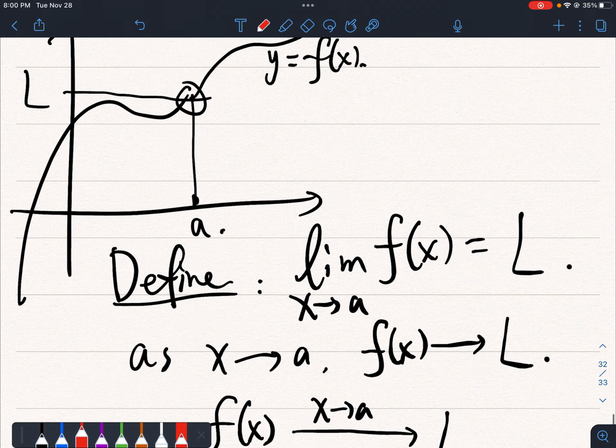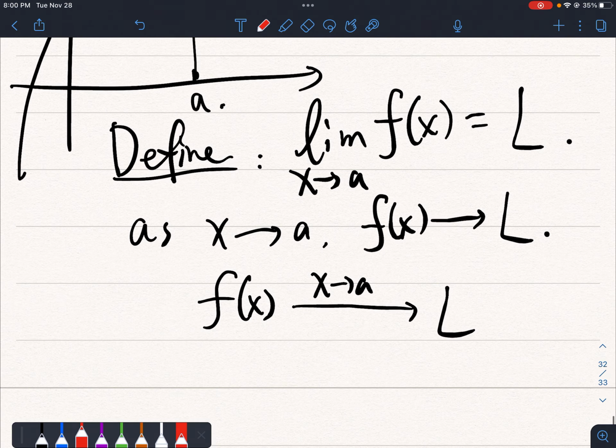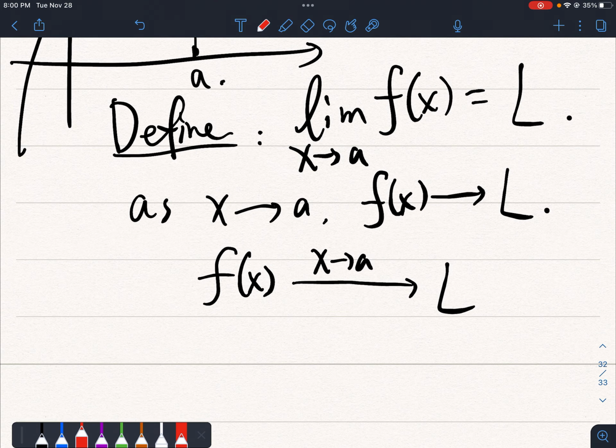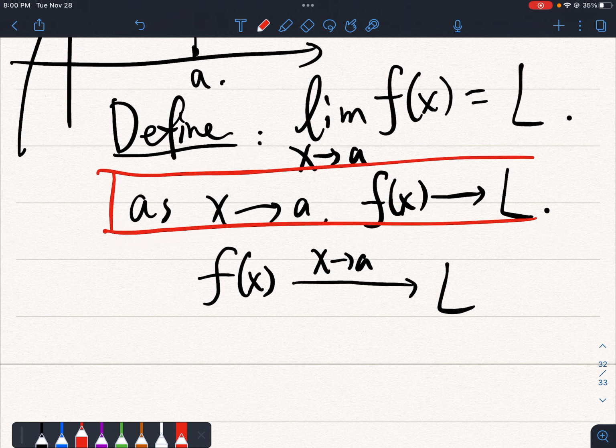So we want a correct definition of what it means to converge to a point. But how will we define it? Here is the trick, or the hint: for all close enough x, we want f of x to be close enough to L.